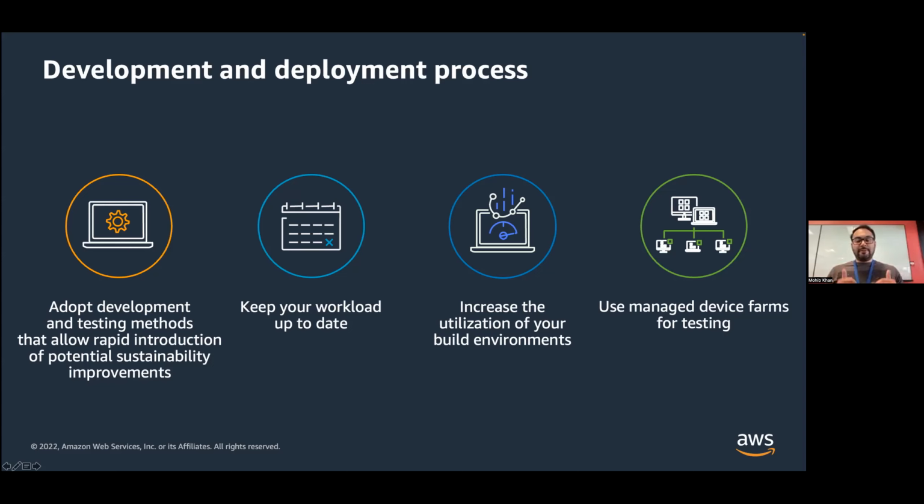how much optimization can we do, not just on the team resources, but also if I use managed CI/CD services, the continuous integration and continuous deployment services like AWS CodeBuild, to avoid long running inefficient builds.